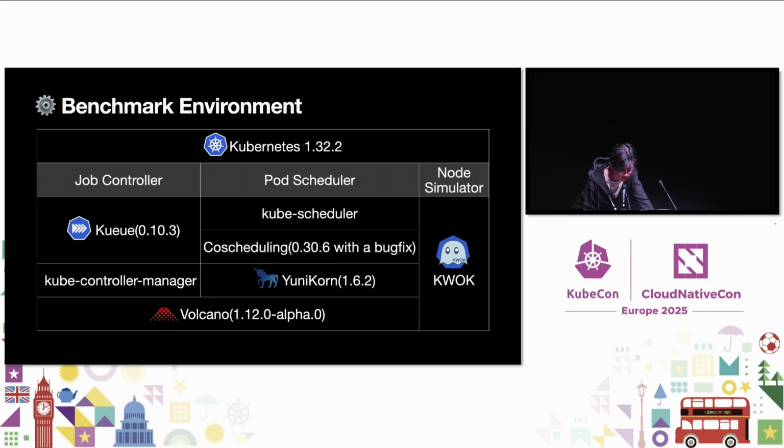Thanks to Zhang for helping us fix them. Since Volcano has both a scheduler and a controller, we use the same version here. We have ensured the QPS is the same for all controllers and schedulers. For the benchmark testing, we use KWOK to simulate nodes, which basically is the most powerful benchmarking tool on the market.